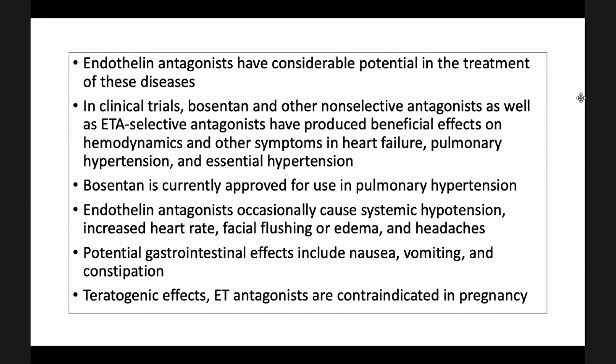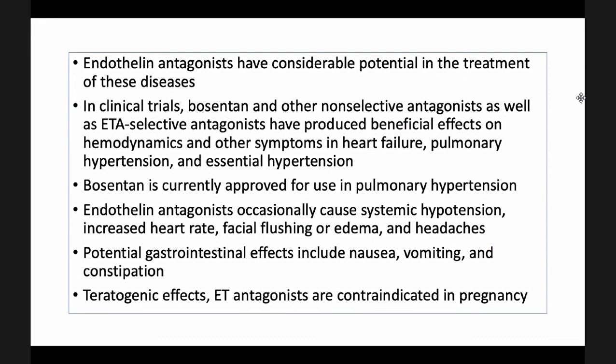So there are already clinical trials on bosentan and other non-selective antagonists, as well as ETA-selective antagonists that have produced beneficial effects on the hemodynamics and other symptoms in heart failure, pulmonary hypertension, and essential hypertension. But currently, bosentan is approved for pulmonary hypertension.